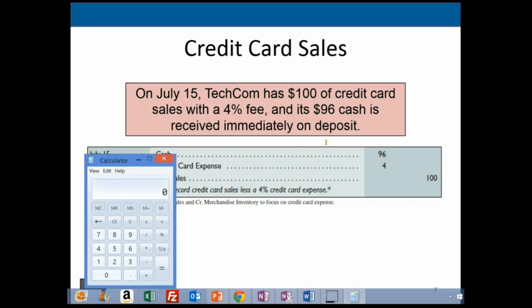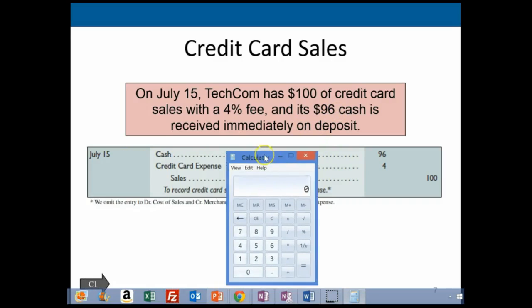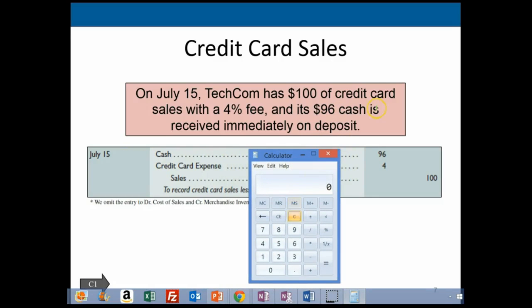We can calculate that two ways, by the way, and it's good to see the calculations. If we were to calculate the 100 times 0.04, we of course come out to $4. And if we take the 100 minus the 4, we get the $96 that we are going to receive. So note that if we are going to pay 4%, then we are going to receive 1 minus 0.04, or 96%.